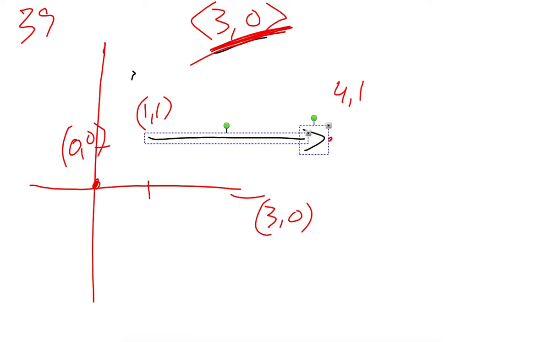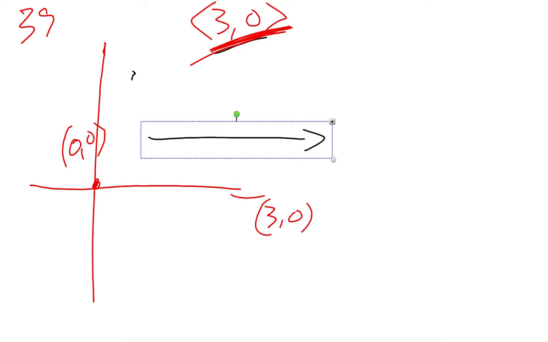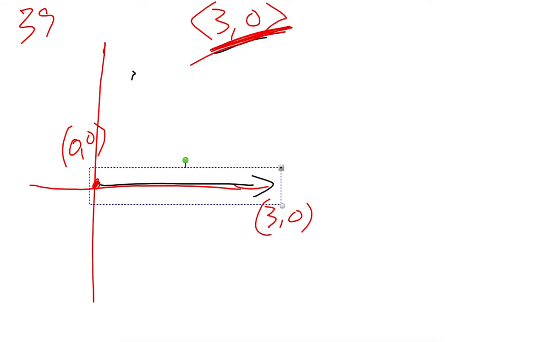So now for this problem though, back it up a little bit, we just want to have a vector that goes in the same direction as this vector, but is only a unit vector. A unit vector is only 1 unit long.